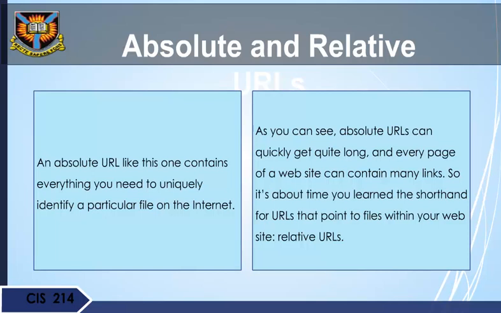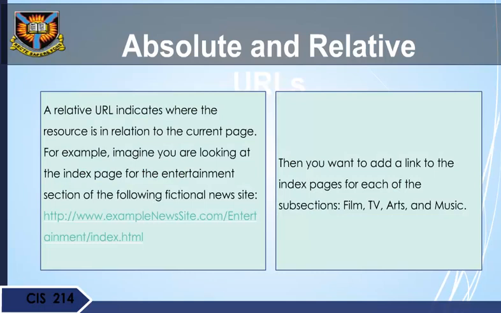Relative URLs. A relative URL indicates where the resource is in relation to the current page. For example, imagine you are looking at the index page for the entertainment section of the following fictional news site. Then you want to add a link to the index pages for each of the subsections: film, TV, art, and music.